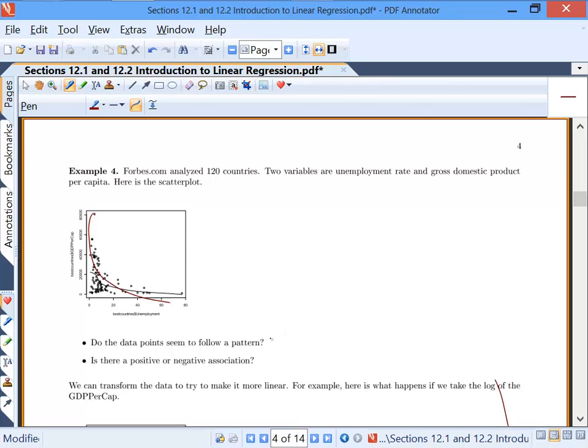So kind of a curved pattern. Is there a positive or negative relationship? Negative. But it is definitely not a line.